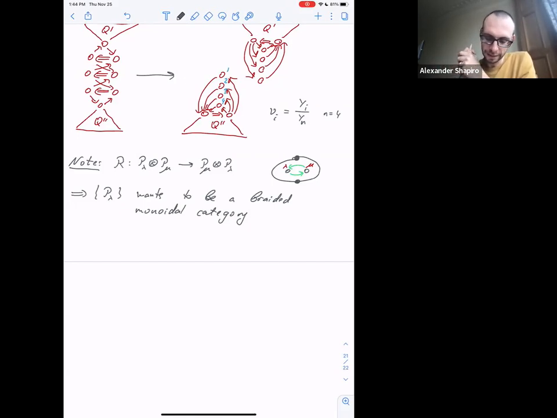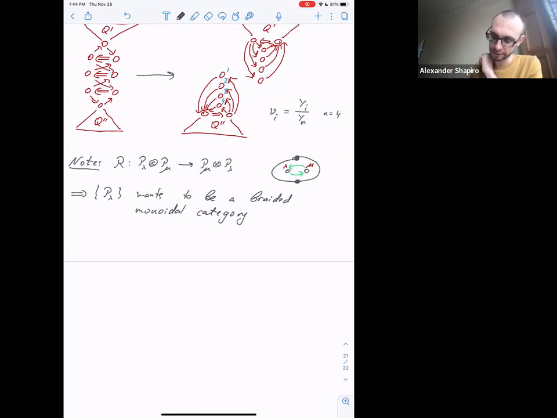Obviously a trivial representation would be one-dimensional, and here everything is infinite dimensional. So strictly speaking, there is no such thing as a unit here. You can actually add it in a nice way.